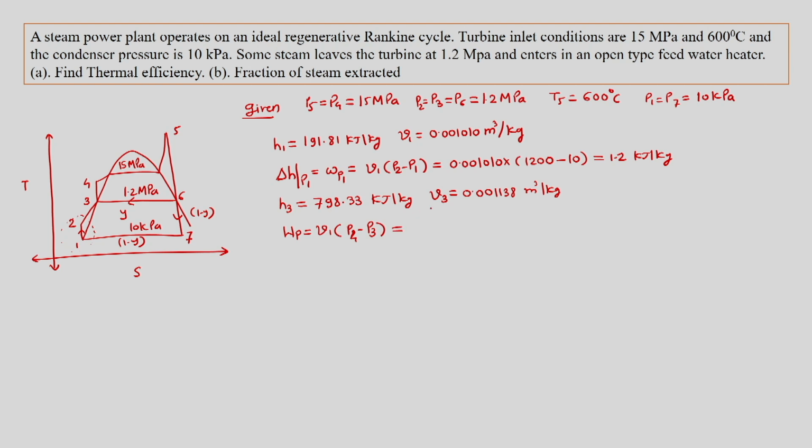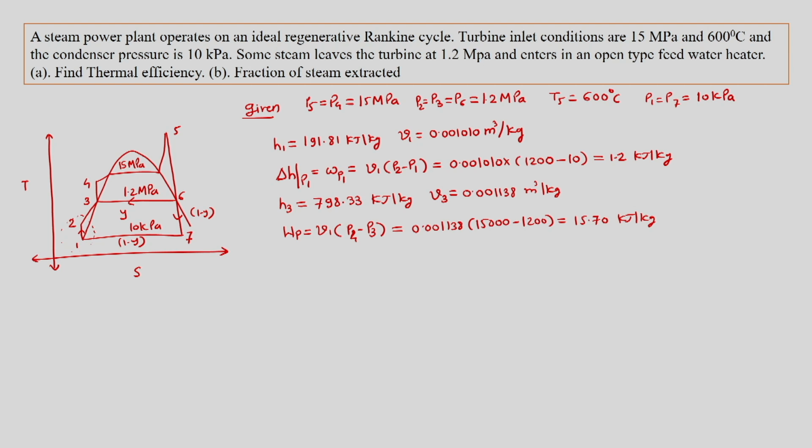The specific volume is known, 0.001138, and it is 15,000 kPa minus 1200 kPa, and this gives us 15.70 kilojoule per kg as the second pump work.